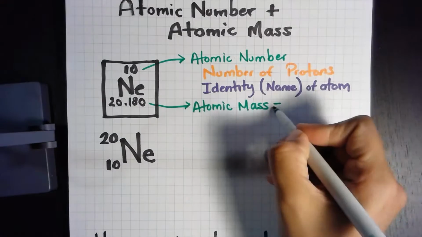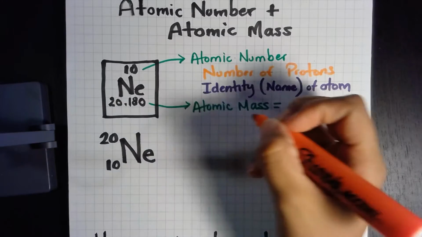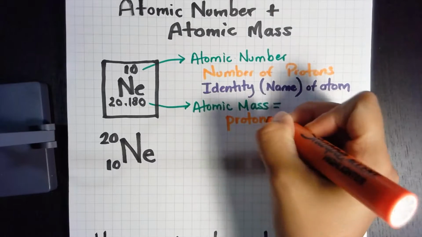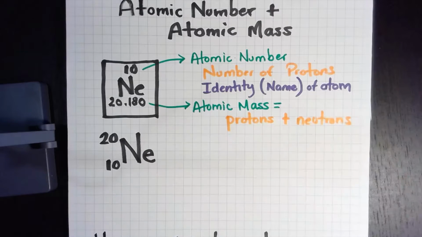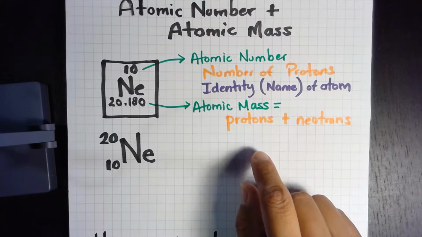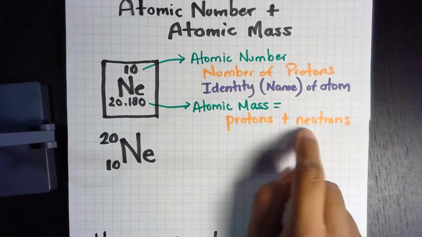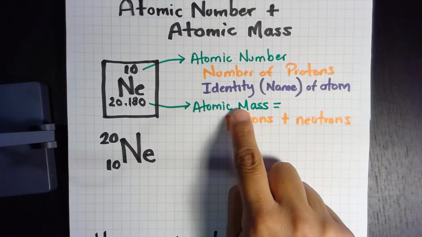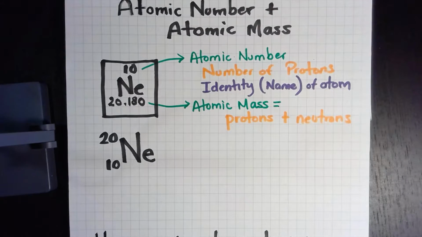So if you make an equation, like in math, you can say that the atomic mass is equal to the protons plus the neutrons in the nucleus. And we'll see an example of when we can add protons and neutrons to get atomic mass. Sometimes we can take the mass and subtract the number of protons to get the neutrons, and we'll cover a few examples in a second.